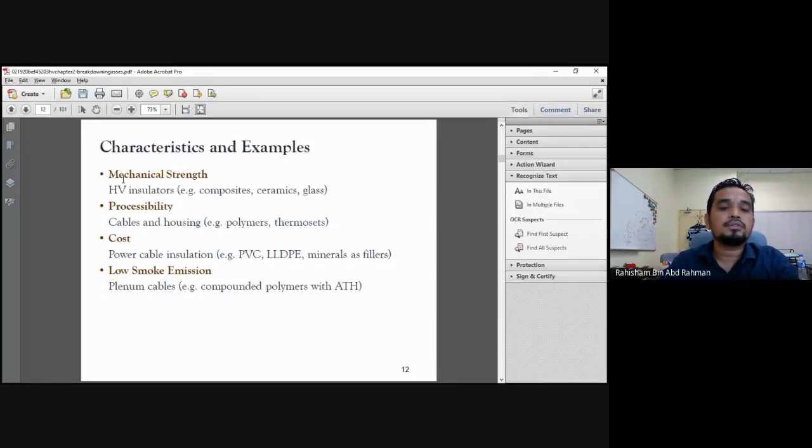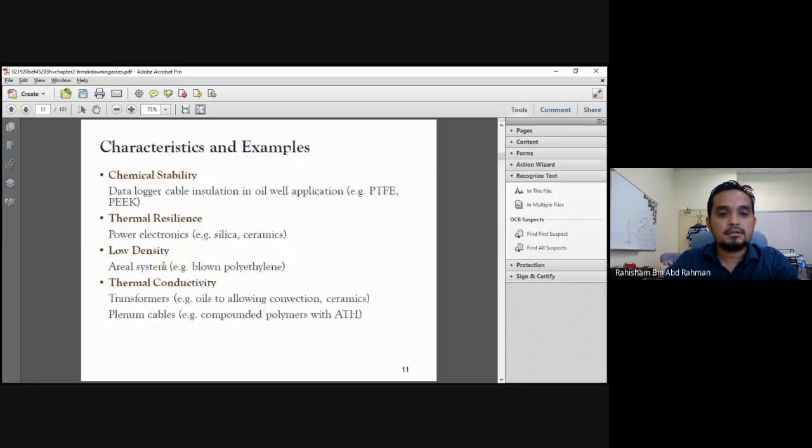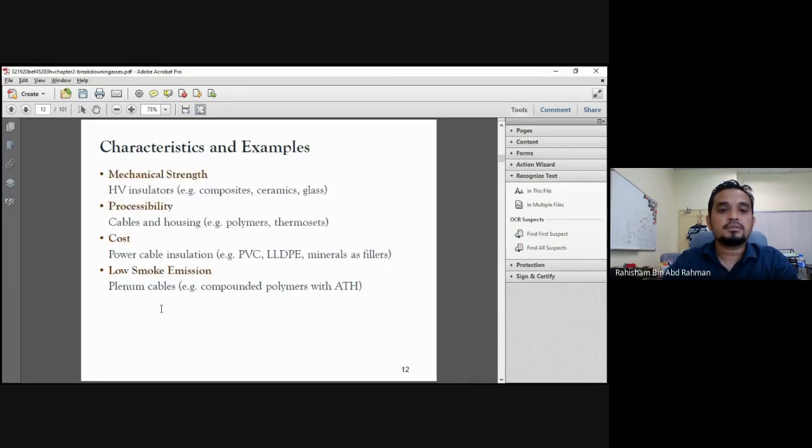One, we need to consider the mechanical strength that the insulator needs to support, and then processability. There is no point proposing a very good insulator, a very good dielectric material, that is not processable, meaning it is not practical to be produced or manufactured. Then cost and thermal conductivity, of course, to allow heat dissipation from high voltage equipment, for example a transformer.